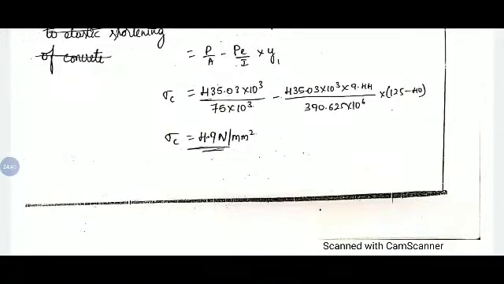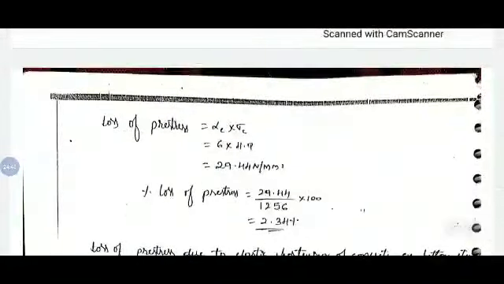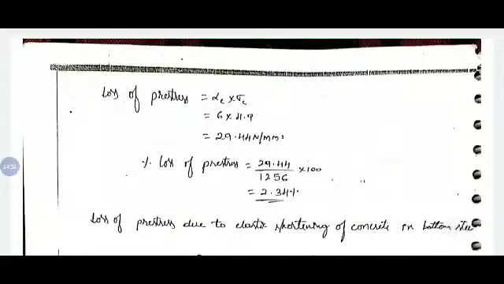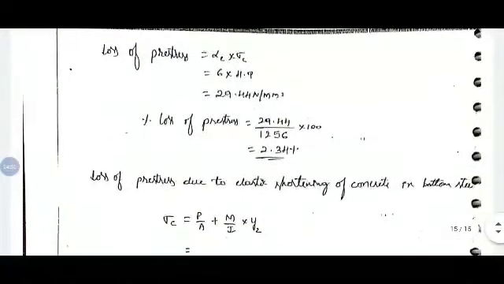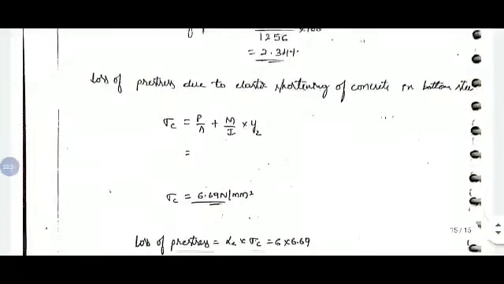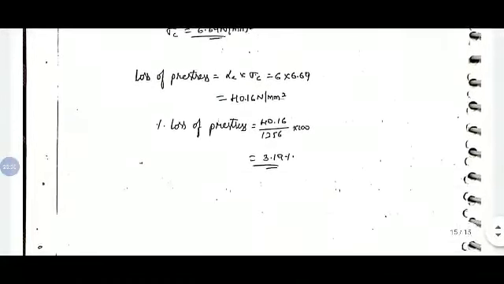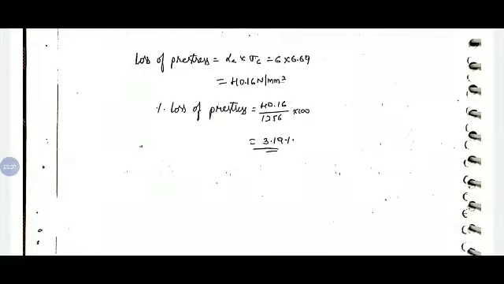So no need to bother. Sigma c we have calculated. Loss of pre-stress is alpha_e, modular ratio, into stress in concrete at the level of steel. Percentage loss of pre-stress due to elastic shortening: substitute the values, that is top tendons and this is bottom tendons. You will get total loss.